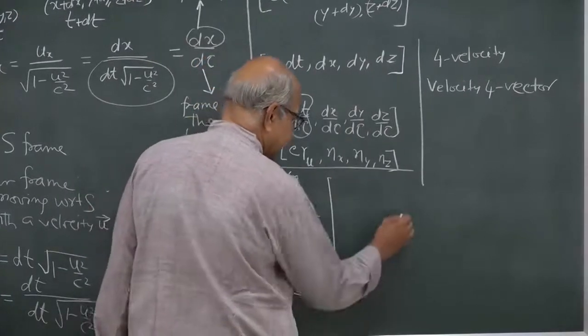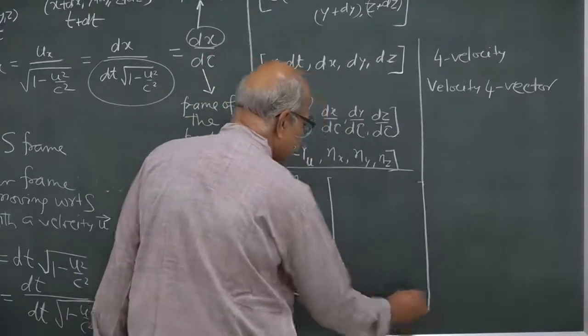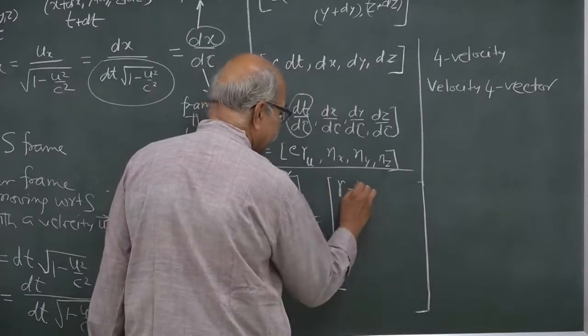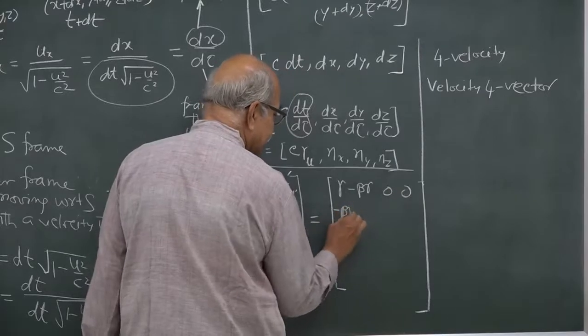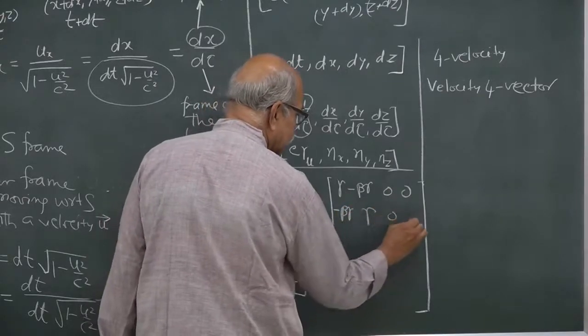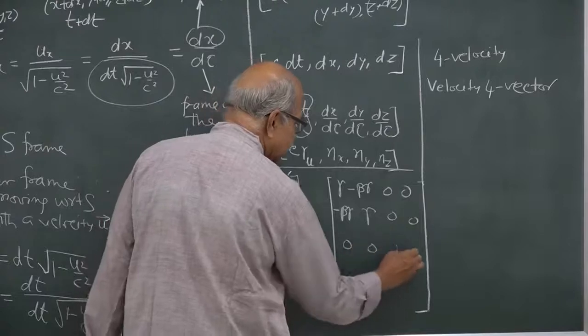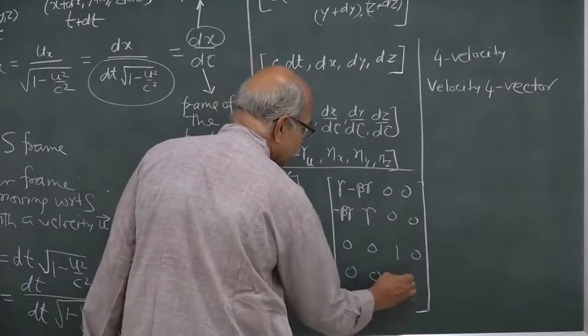This will be equal to the Lorentz transformation matrix. Remember, it is gamma, minus beta gamma, 0, 0; minus beta gamma, gamma, 0, 0; 0, 0, 1, 0; 0, 0, 0, 1.